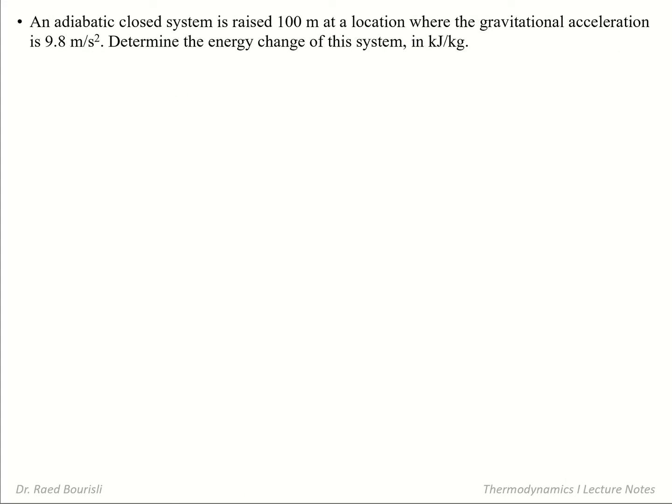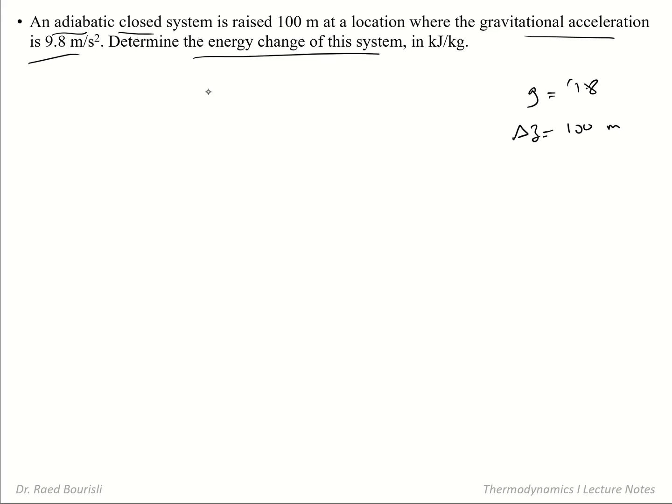Then another example is an adiabatic closed system. So what does this mean? Adiabatic closed system, no heat transfer and no mass transfer, is raised 100 meters at a location where the gravitational acceleration is 9.8. So I have g, and I have delta z, which is 100 meters.